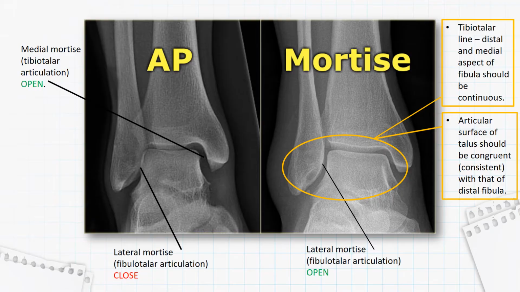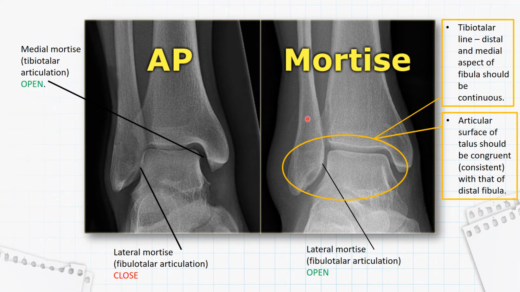This is the difference between the AP and the mortise projection. For AP, the lateral mortise, or fibulo-talar articulation, appears closed, and for the mortise projection, the lateral mortise appears open. This is closed and this is open. For AP, the medial mortise is open. This is open.